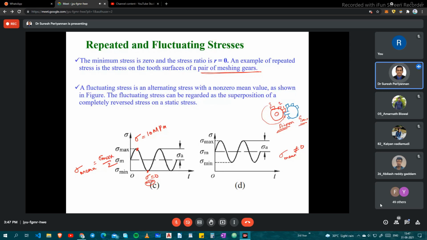A piston rod inside the cylinder of an IC engine. That is fluctuating stress, right?